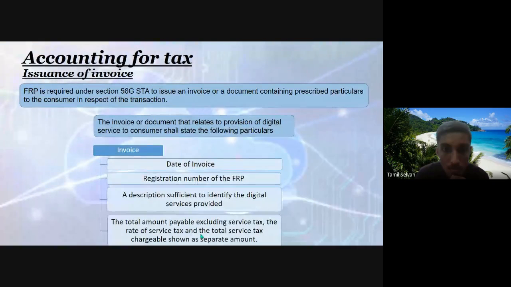The invoice or document related to the provision of digital service to the consumer shall state the following particulars: the date of invoice, the registration number of the FRP, a description sufficient to identify the digital service provided, the total amount payable excluding service tax, the rate of service tax, and the total service tax chargeable shown as a separate amount. Okay, next.